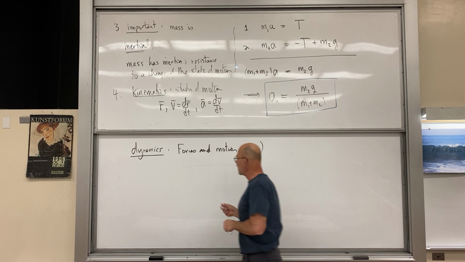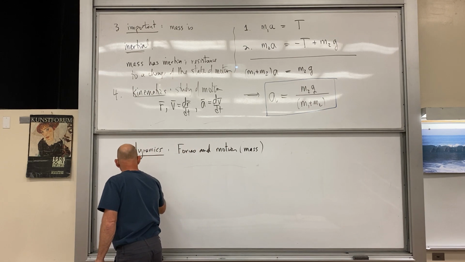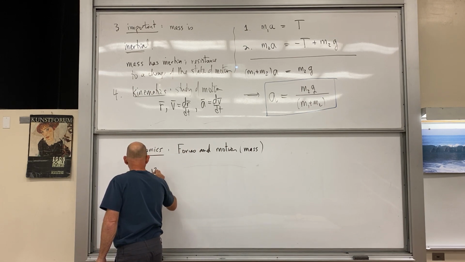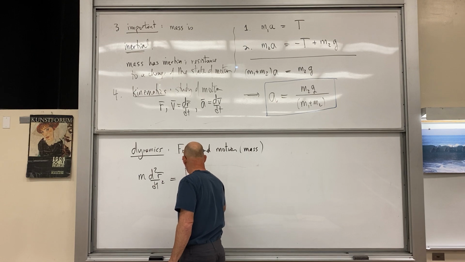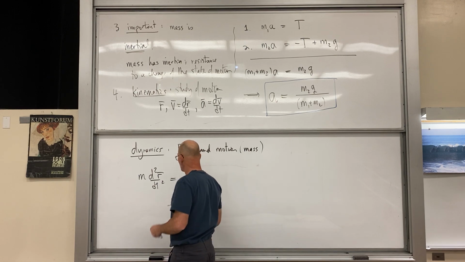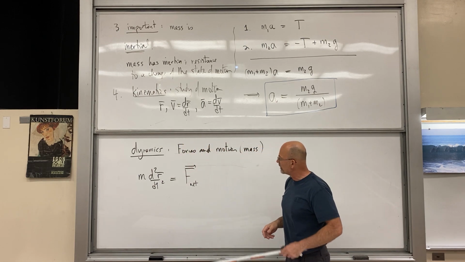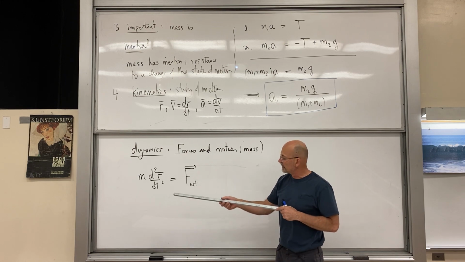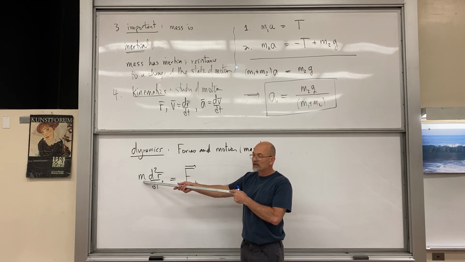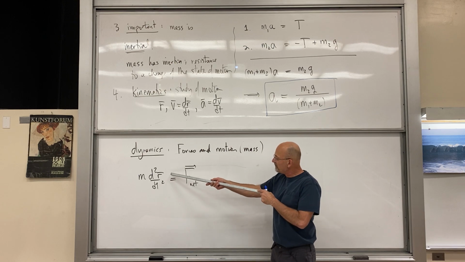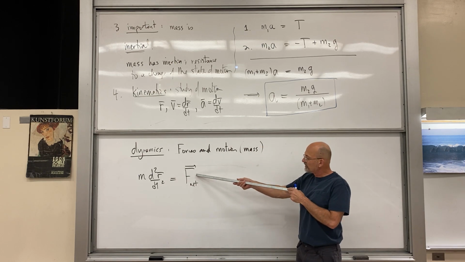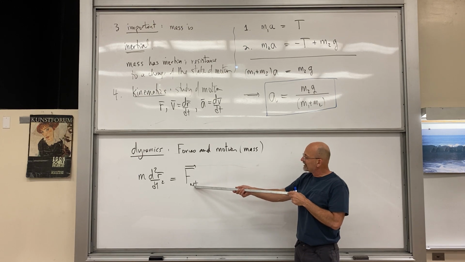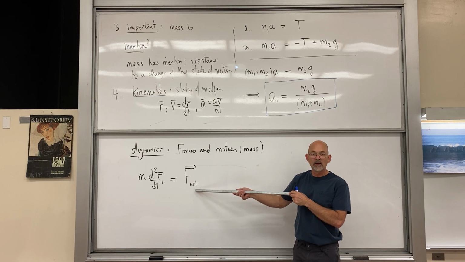I'll write Newton's law down one more time. Equals the net force, and what this formula now involves mass, so inertia, vectors and their derivatives, so all of kinematics, forces, vector nature of force, and when I say net force, I mean the vector sum of forces.